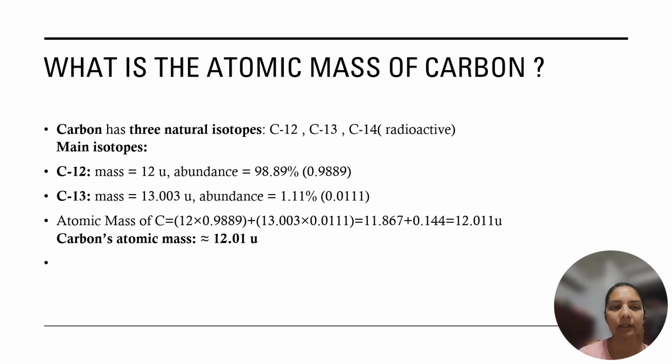So, carbon has three natural isotopes: carbon 12, carbon 13, carbon 14. And out of all these three, carbon 14 is a radioactive one. Why I try to mention it is that radioactive materials degrade with the passage of time.